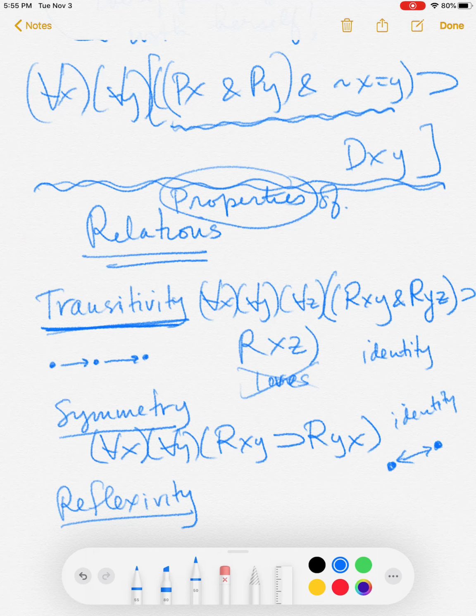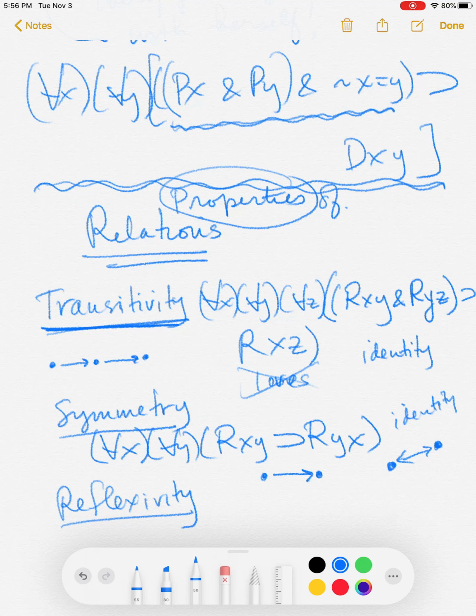I imagine you're aware of the fact that it's maybe not. I hate to be the one to tell you, but sometimes you can love somebody, but that person doesn't love you back, right? So that's an example of a relation that's not symmetric.